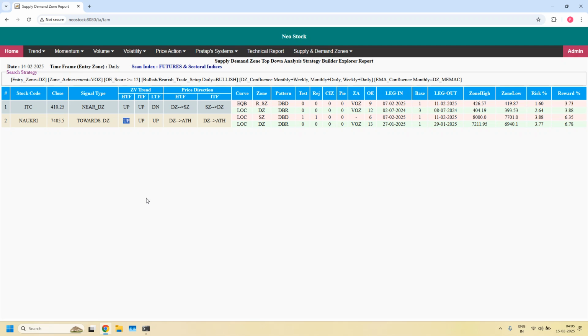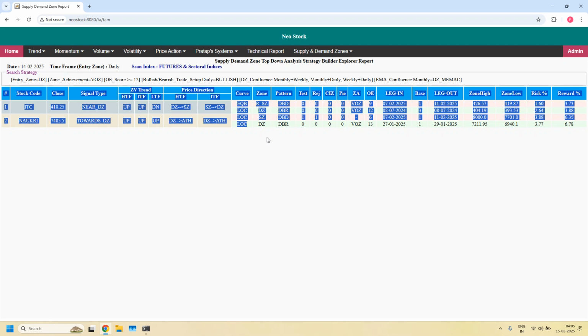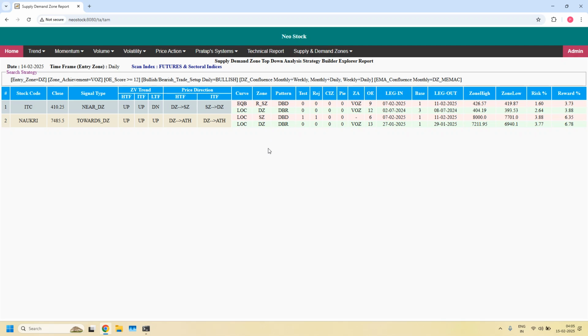In that situation, in those particular monthly zones, this daily zone is overlapped. It's not overlapped directly, it overlapped along with the weekly zone. That is what zone confluence is, or we can say fine-tuned zones in our language. These daily zones are fine-tuned zones inside the monthly zone.